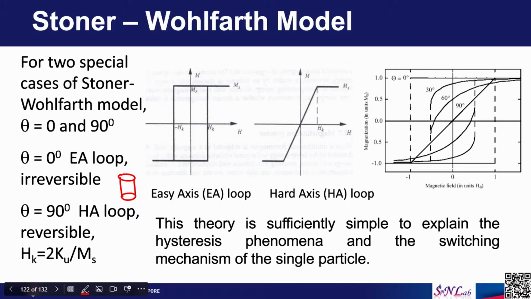So, we take one imaginary particle, let us say it has the z axis along this direction, and magnetization is initially in this direction, I apply magnetic field in the opposite direction. Then this particle, initially it was like this, once I apply reverse magnetic field, it reverses to the other direction at a field called H_k. H_k is called the anisotropy field.